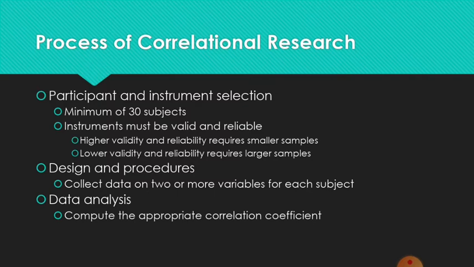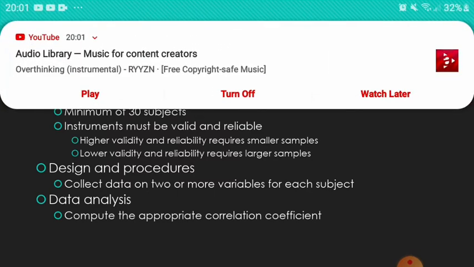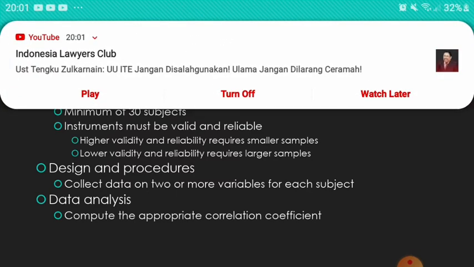As in any study, it is important to select or develop valid and reliable measures of the variables being studied. The measuring instruments to be used in a correlational study must be carefully selected. If the measures used don't represent the intended variables, the resulting correlation coefficient will not accurately indicate the degree of relationship.